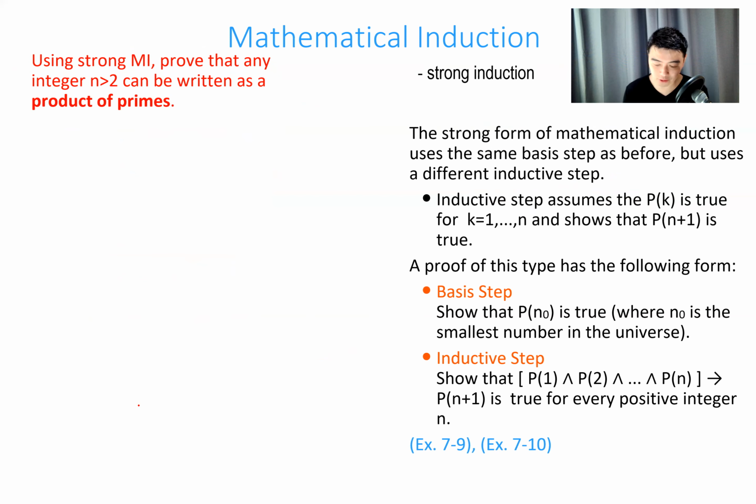The strong form is very similar. We use the same basis and the same induction, but the way that we show the proof is slightly different. Let me go to a white screen and show you what the difference is.